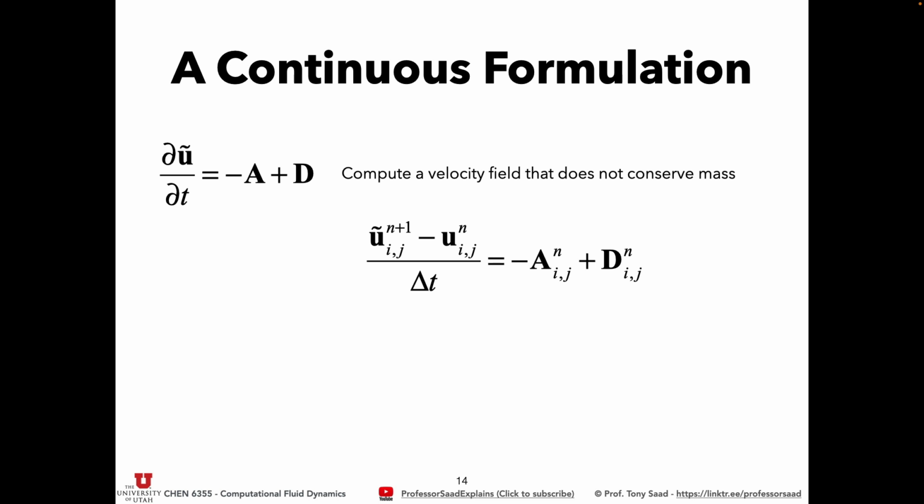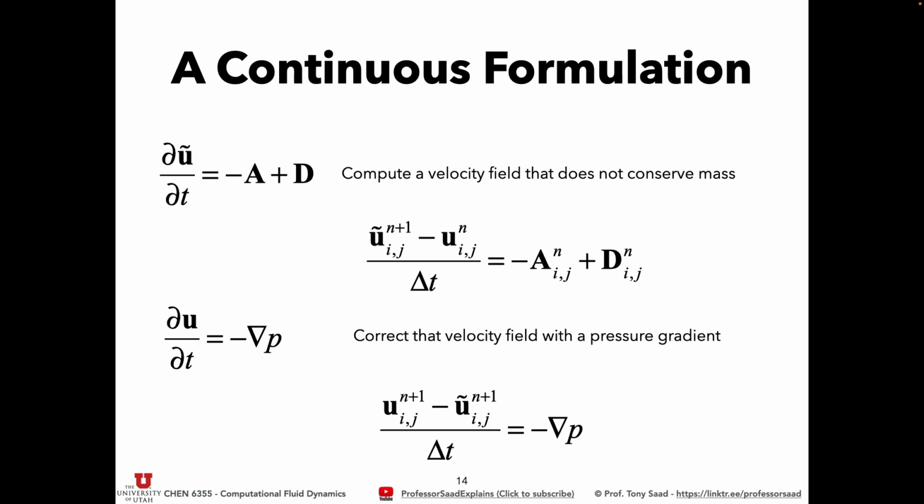Okay? Then you take this process, you say du by dt equal minus grad p. You're adding this pressure gradient term, but notice what du by dt is. Du by dt in this case is the difference between the true velocity and the non-mass conserving velocity.